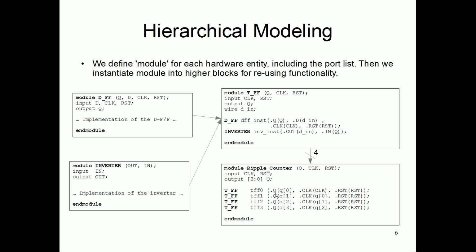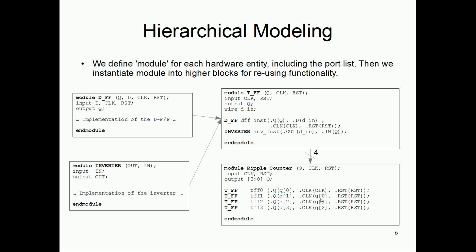Okay, so the Q port of the T flip-flop is connected to the Q0 output port, the first bit of the output port of the ripple counter. Now the clock goes stage by stage, progressively: one stage's output goes as the clock of the next stage. The top level clock is connected to the clock port of the first T flip-flop.